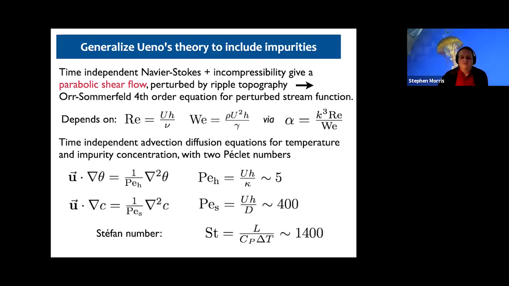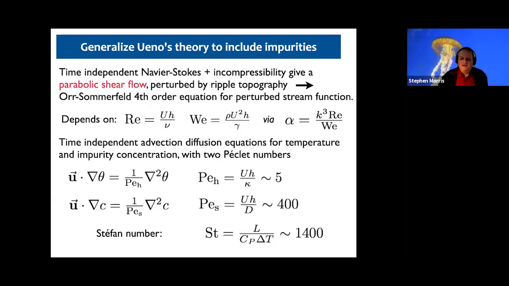And the whole problem turns out to depend on the Reynolds number, the Weber number, which contains the surface tension. So that tells you how the free surface behaves. But those things are actually not independent. They depend on this funny combination of the wave number of the ripples and the ratio of the Reynolds and Weber numbers. And because there's 2 advecting diffusing things, one is the heat, that turns out to have a Peclet number around 5, or order 1-ish, which means that basically the heat is advected quite quickly.